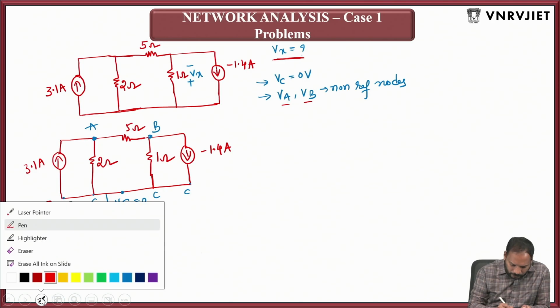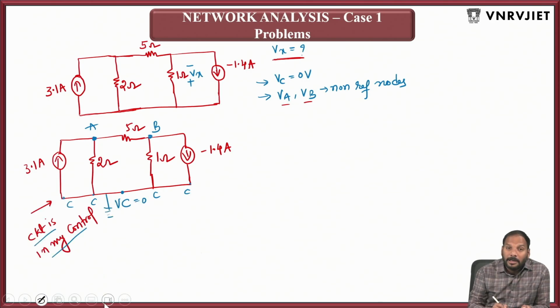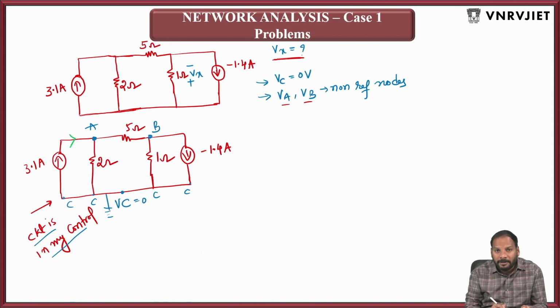I'm applying the standard procedure now. I'll take the green color to fix the branch currents. First of all, let us fix this current as I1. Is it required to take it as I1? It is not required, because you already have a current source connected in that branch.